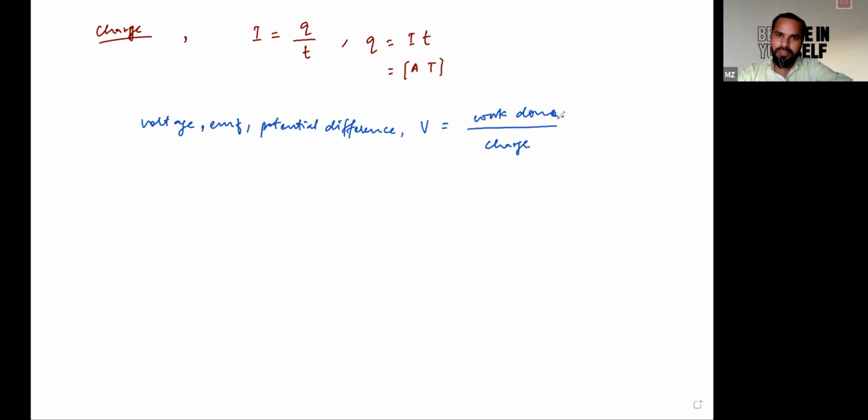We know the dimension formula of work done, and we have the dimension formula for charge from this term. Just put them and try to simplify it. Dimension formula of work done is M L squared T raised to the power minus 2.